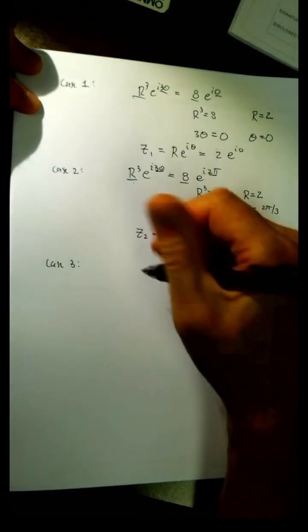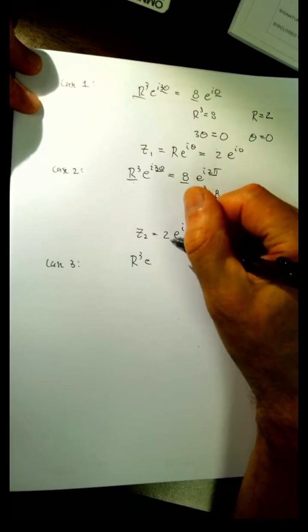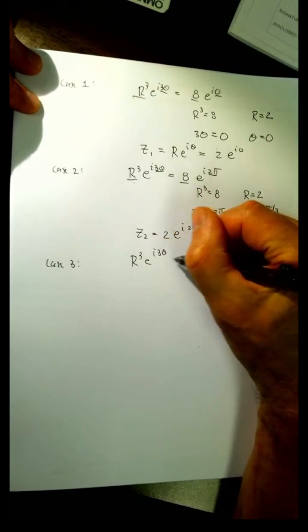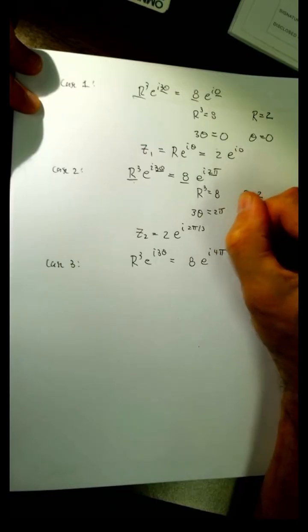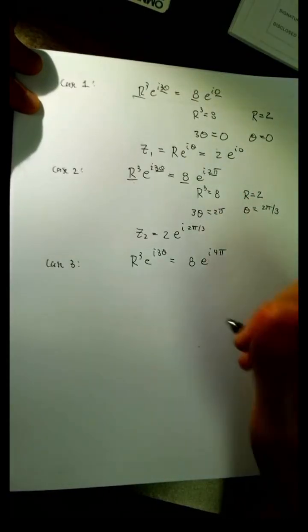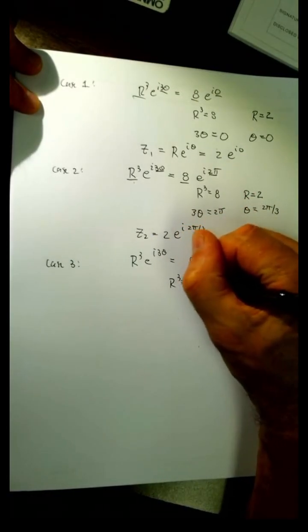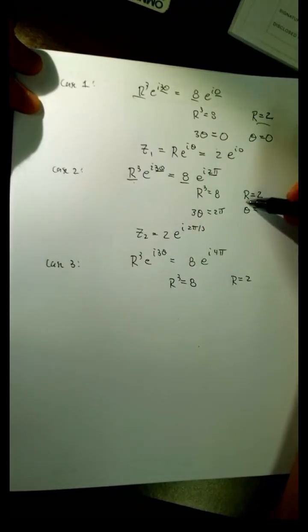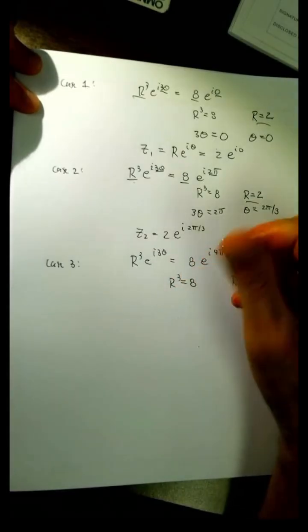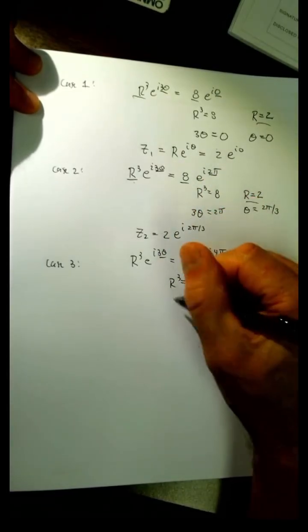In my third case, my Z cubed is exactly the same thing, but now I'm going to write 8 as 2 revolutions around. My distances have to be the same. So notice in each case, r is always the same. What's changing here is these angles.